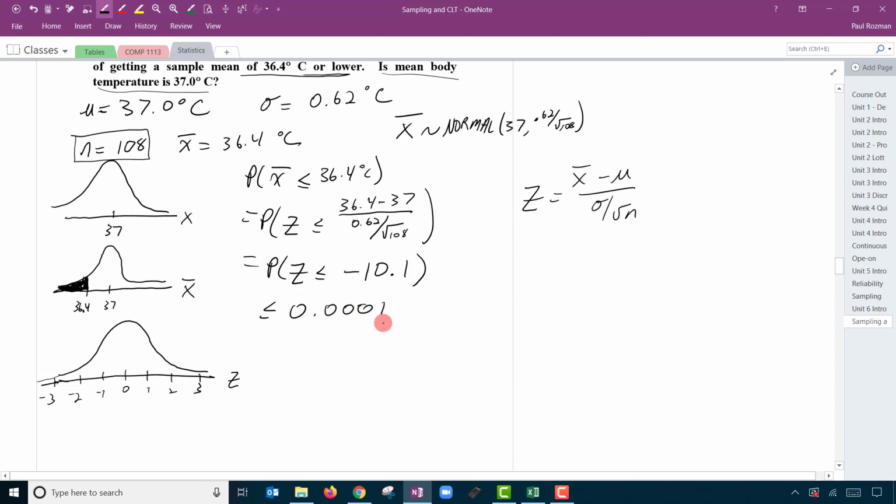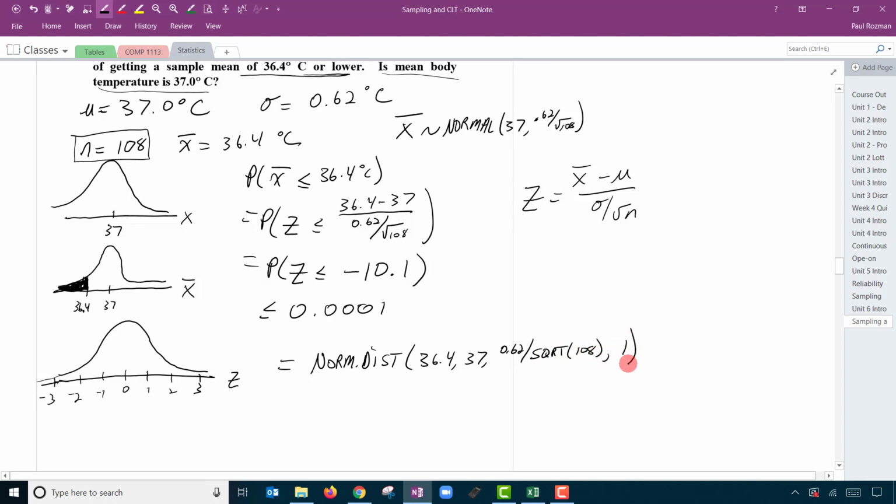It's really small. We could get this in Excel. It's just norm.dist. Norm.dist, 36.4, 37. Our standard deviation is 0.62 divided by the square root of 108.